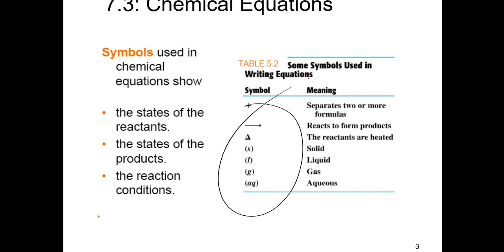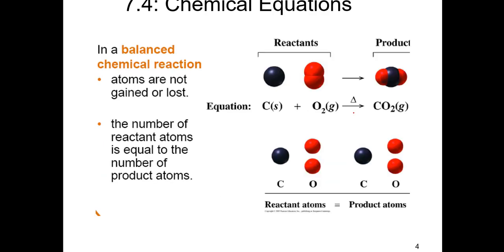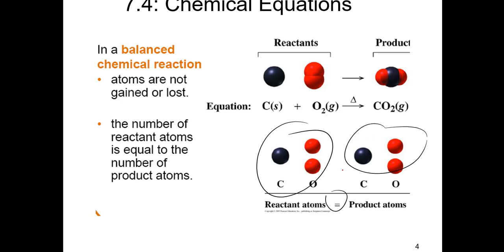We talked about the various equation writing symbols: the physical state symbols, the arrow, and then the addition, which just means one substance versus another. It separates two or more formulas. And I just showed you the number of atoms for the reactants equal the number of product atoms. So this equation is balanced when we count the number of atoms.